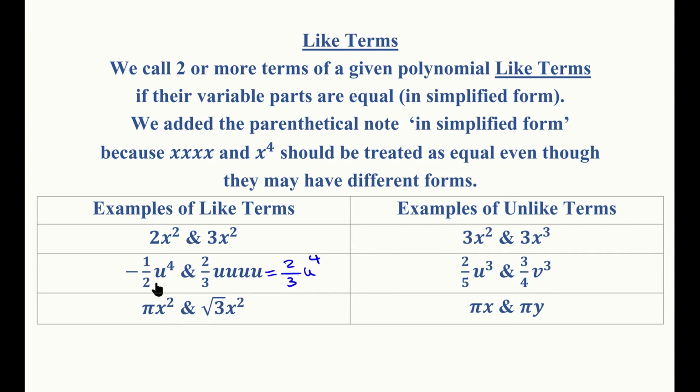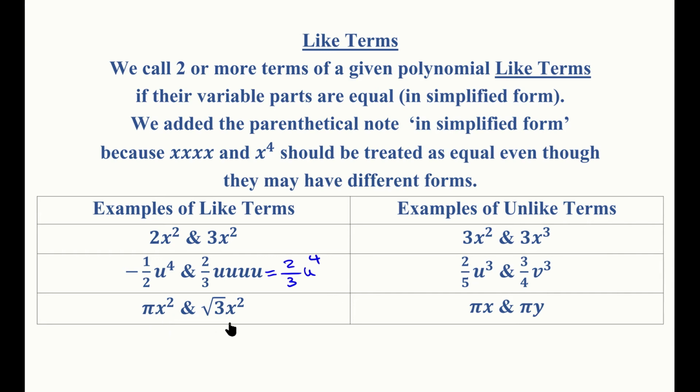Remember, we don't care about the coefficients being equal. They may be, they may not be. It doesn't matter at all when it comes to determining whether two terms are like terms or not. What we need is for the entire variable parts, including the base and the exponent, to be equal once both have been written in simplest form.